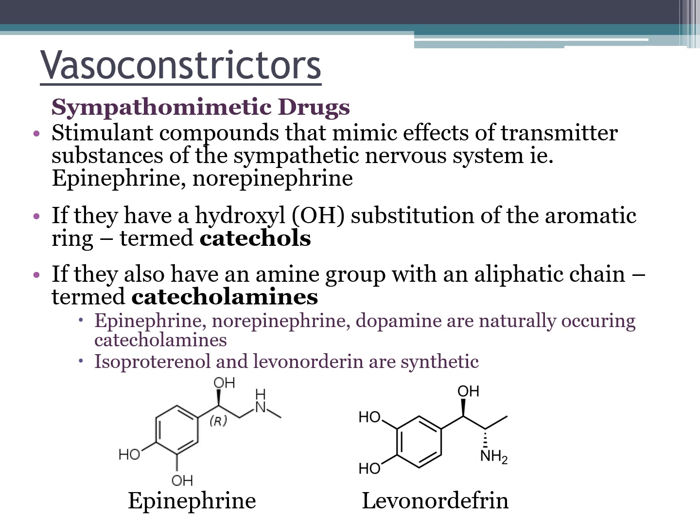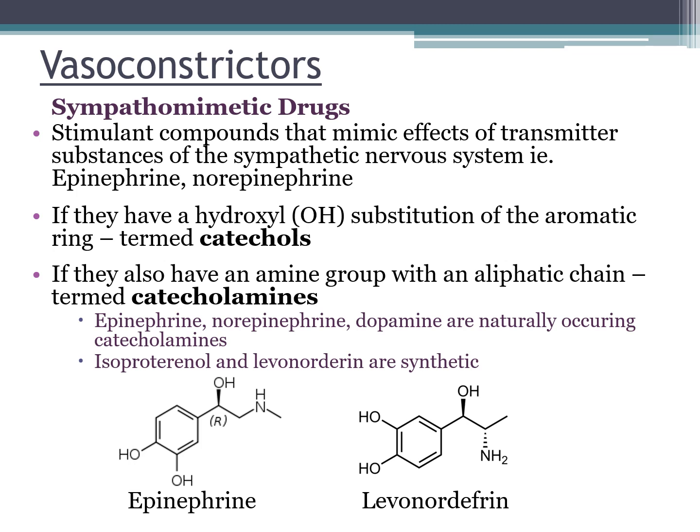Okay, vasoconstrictors are sympathomimetic drugs. They are stimulant compounds that mimic the effects of the transmitter substance of the sympathetic nervous system. Epinephrine is an example of a simple sympathomimetic drug, so is norepinephrine.